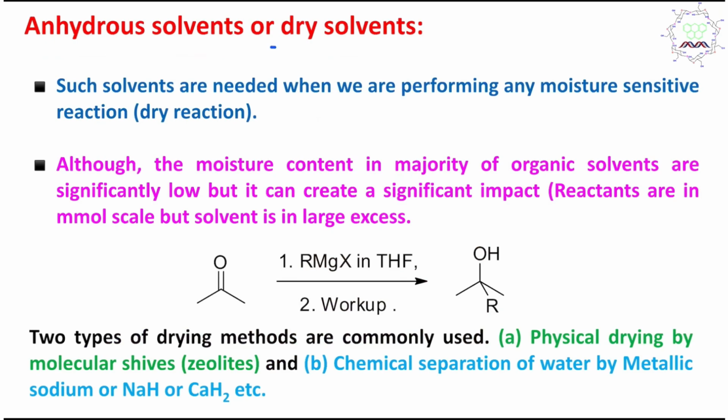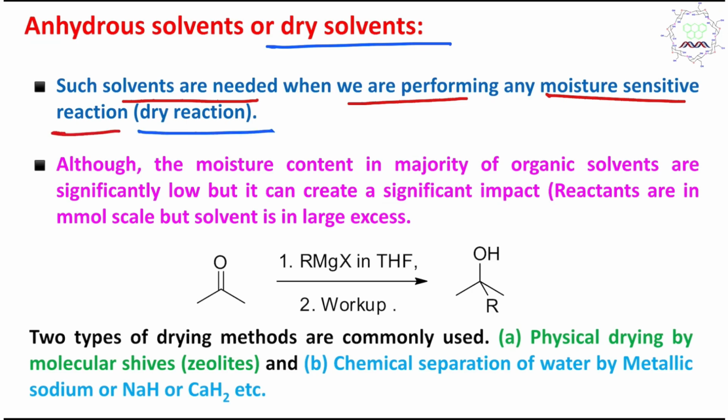This anhydrous solvent, or dry solvent, we sometimes purchase or produce. Such solvents are needed when we are planning or performing any moisture-sensitive reaction, which some people call a dry reaction or anhydrous condition reaction. The moisture content of the majority of organic solvents is significantly low, but it actually has a significant impact.